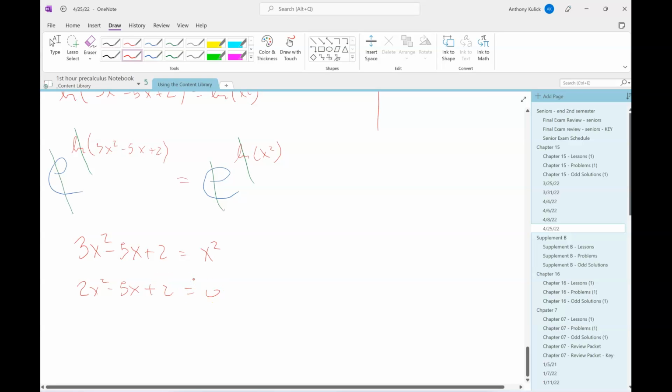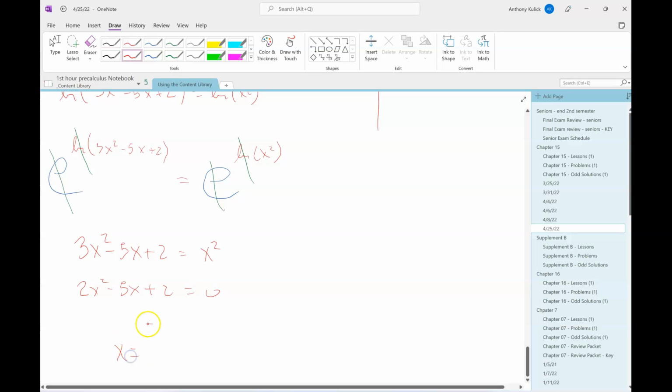And then we could either try to factor this or try to use the quadratic formula. Now, in this case, the leading coefficient is 2. It's not 1. So if I'm able to factor, I'd have to do the long factoring, which is a pain and probably not any shorter than just using the quadratic formula, which is what I would do in this case if I were you. Is that okay with everybody?